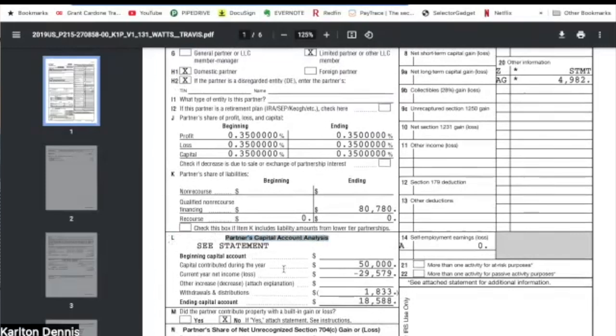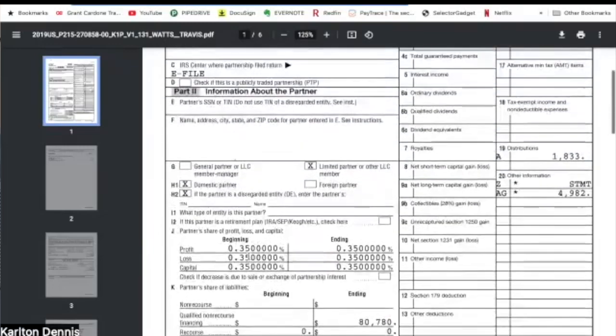This is going to let me know what the capital contributed to the year was for Travis. And in the year of 2019, he contributed $50,000 to this partnership. So that's the very first thing that we want to know about this K-1 form. Why was it created? And the K-1 form was created because Travis decided to go into partnership and he contributed $50,000 of his own capital. And that's why we see this underneath beginning capital account.